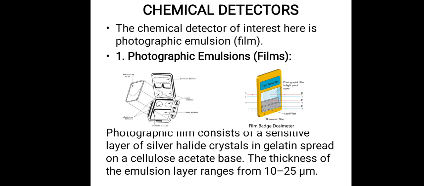Chemical detectors. The chemical detector of interest here is photographic emulsion or film base. Photographic emulsion consists of a sensitive layer of silver halide crystals in gelatin coated on a cellulose acetate base. The thickness of the emulsion layer is 10 to 25 micron.